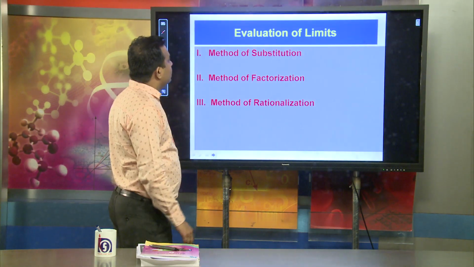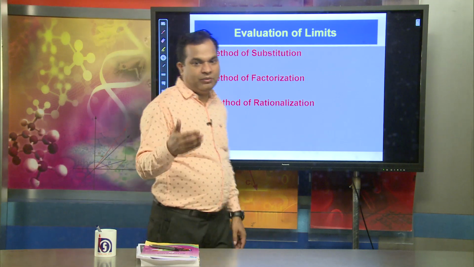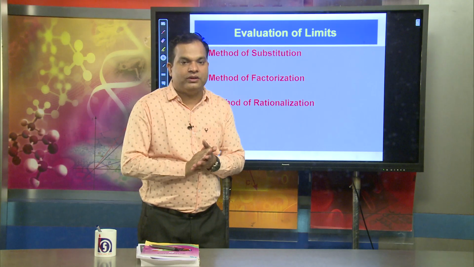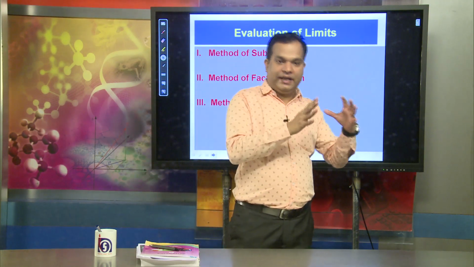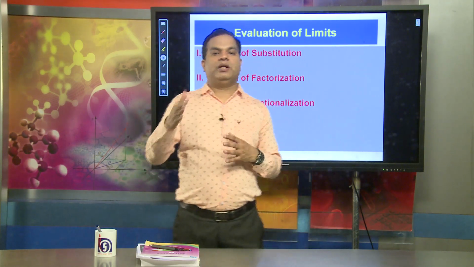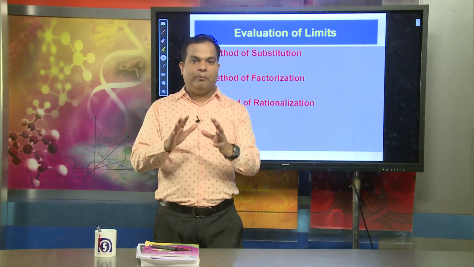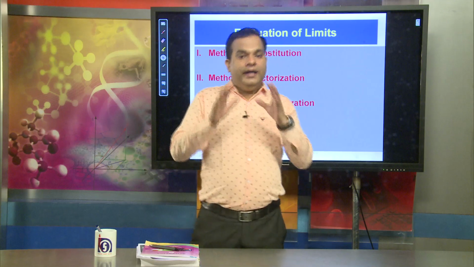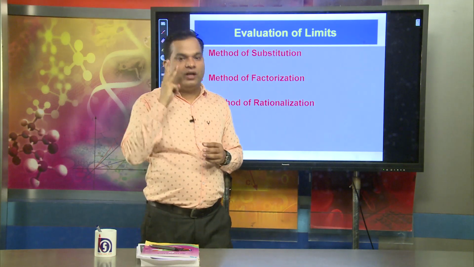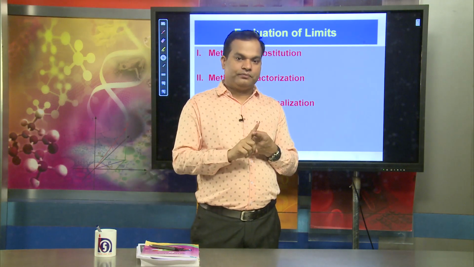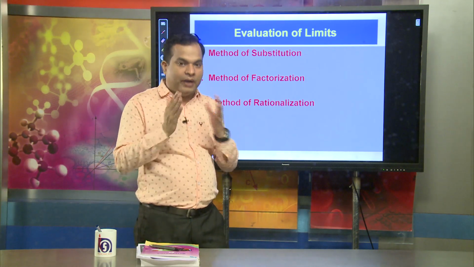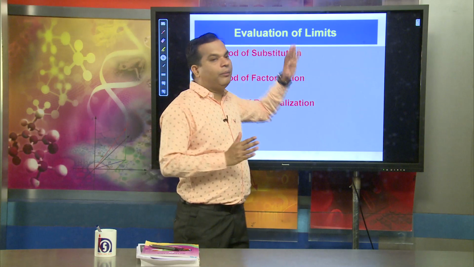Let us take the evaluation of a limit. That means how we find the limiting value of the function. What are the different techniques that can be applied in order to evaluate the limit of a function? Generally there are 3 important techniques.